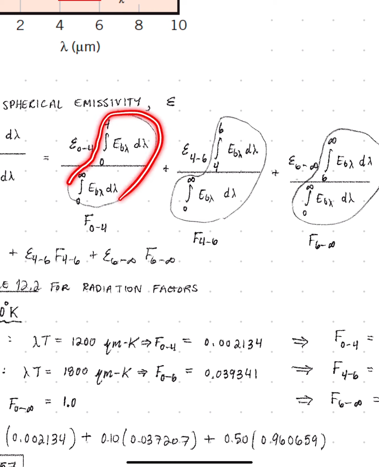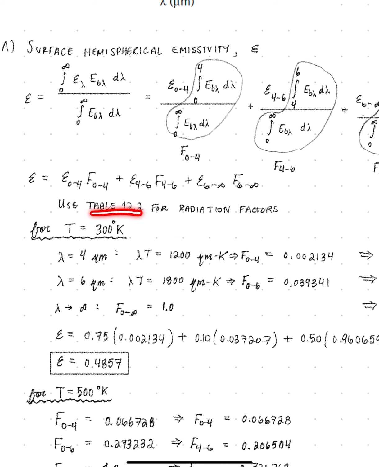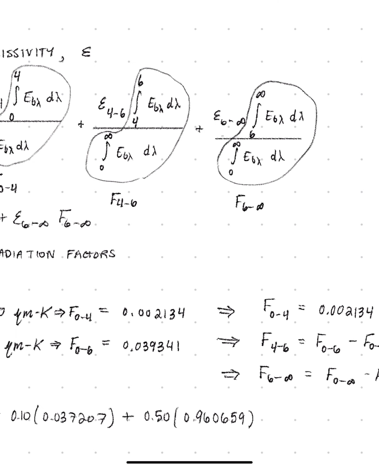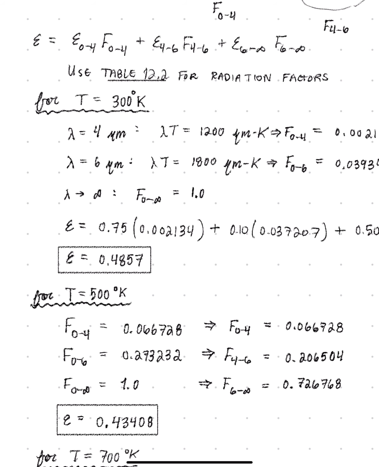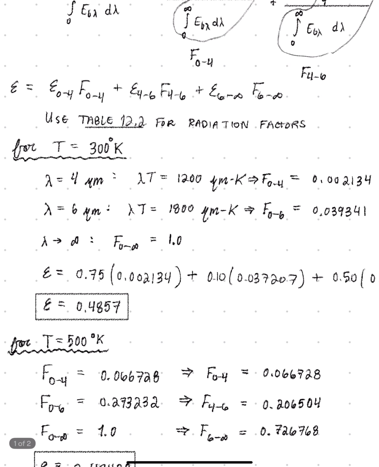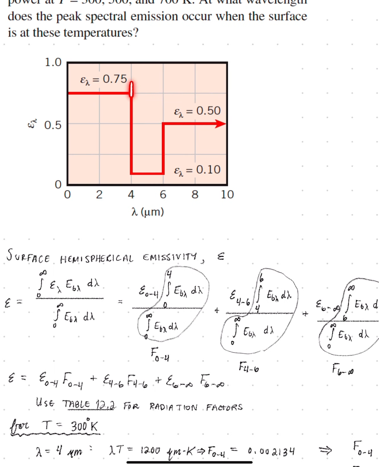This term here is described by an emission factor, which we can find or calculate on table 12.2 in the textbook. And this will be the same for the range 4 to 6 micrometers and 6 to infinity micrometers. In order to find those emission factors, we first need to calculate them at every wavelength split in the problem. So we need to calculate at 4 and at 6 and at infinity.